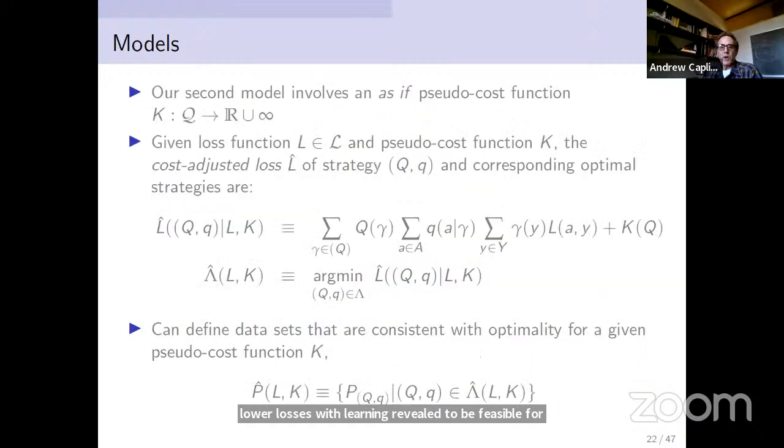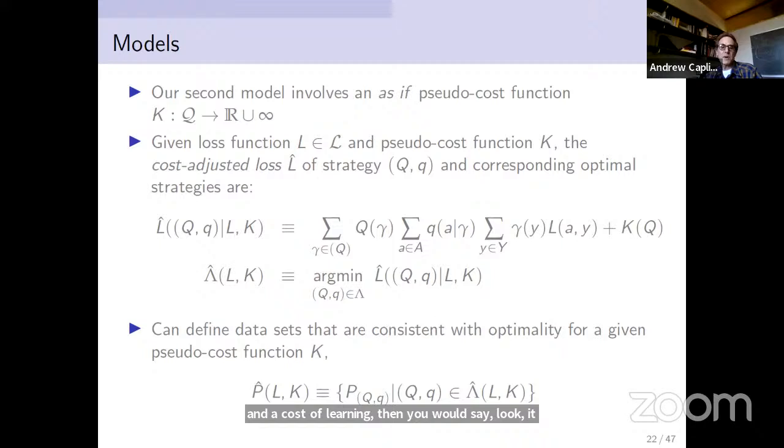Now we're going to do what seems wacky. We're going to invent a cost function as an as-if object. And we're going to call it a pseudo cost function because it's not costing anything that we understand. But if it were to exist and be a cost of learning, then the costs add to the losses.